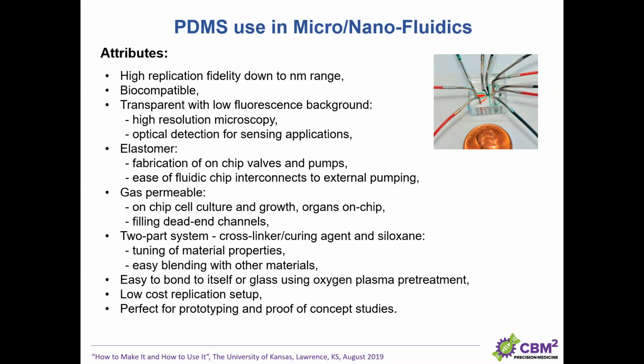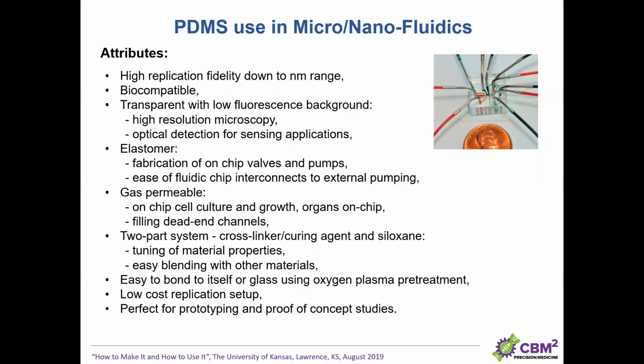It's transparent with low fluorescent background, which lets you do high resolution microscopy, chips for optical detection, for sensing applications. It's elastomeric, which is probably one of the most important features that made it so widely used, because it lets you fabricate on-chip valves and pumps.